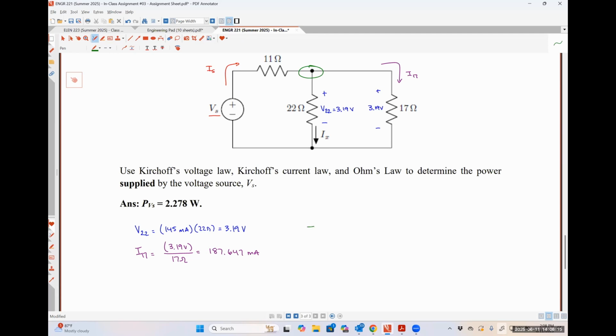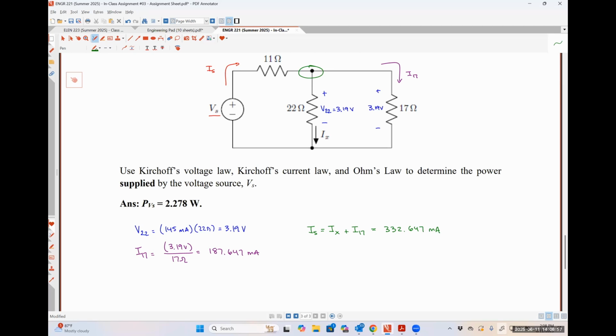So I could say that Is, which is the current flowing into the node, has to be equal to IX plus I17, which are the two currents that are flowing out of the node. So when I add those two together, I wind up getting that the current that's leaving the positive polarity terminal of my voltage source is 332.647 milliamps.